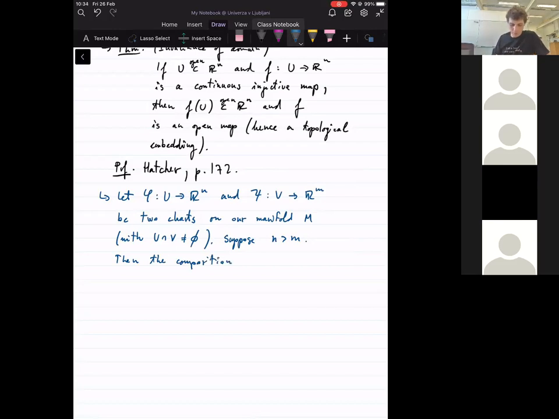Now we may form the composition from our R^n into R^m and back into R^n by inclusion.